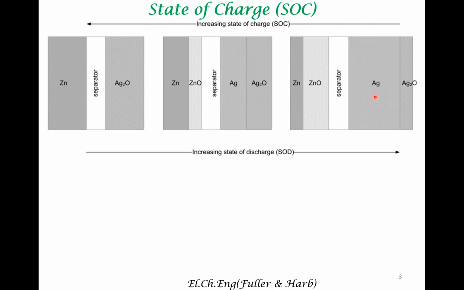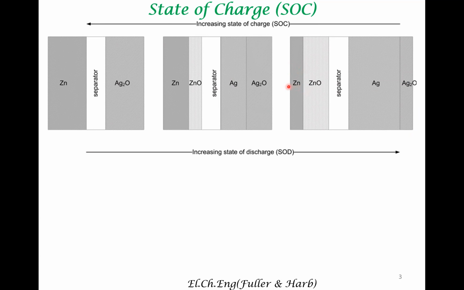These are all solid compounds with different densities. Zinc has a different density from zinc oxide, and zinc oxide has a different density from silver oxide, and so on. All four materials have different densities. Therefore, the overall volume of the active material would change.